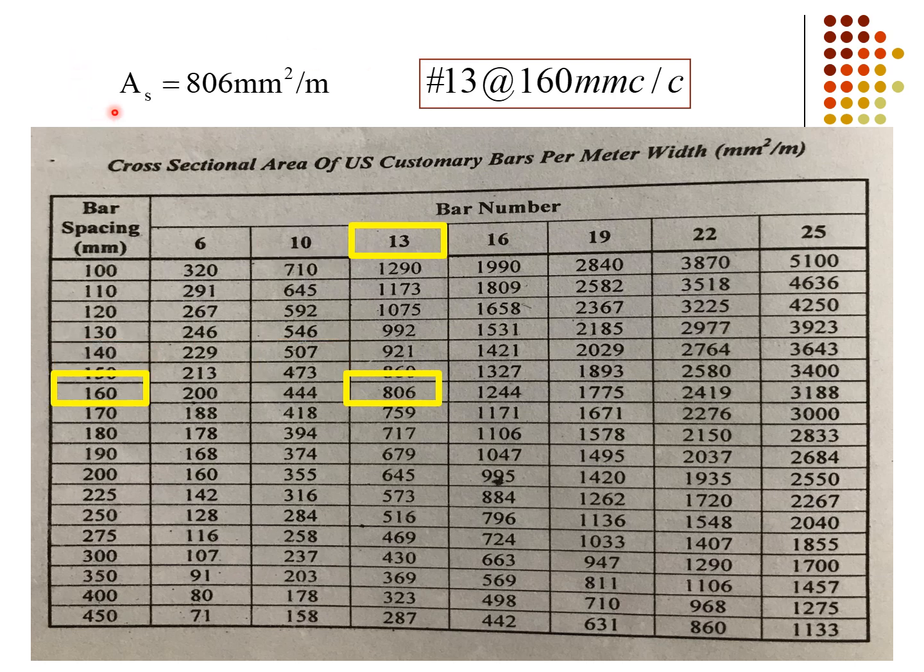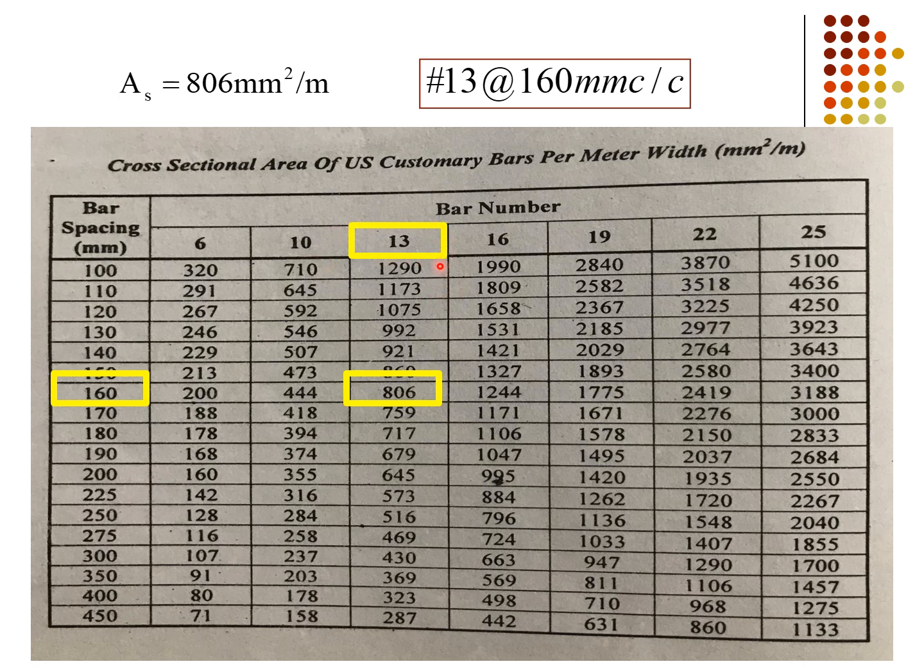Now one more example. Let's say I have area of steel equal to 806 millimeter square per meter. Corresponding to that, I have to choose the spacing in between the bars. Again, first I have to choose the bar size. Let's say this time I have chosen bar size number 13.